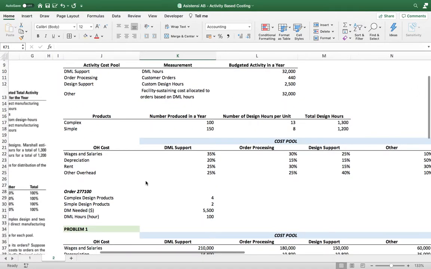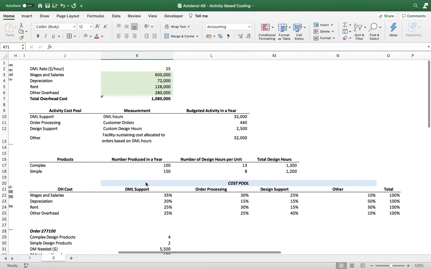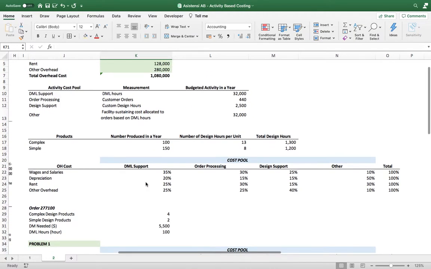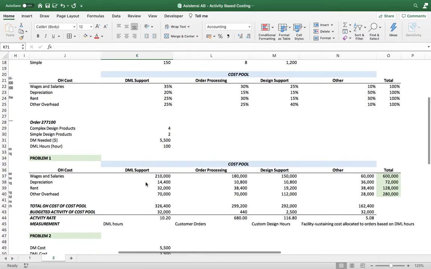So given that information, we can start from the first question, which is allocating the overhead cost to each of the cost pools. So the idea is, in this problem, it is already stated the percentage of how much of each of the overhead costs will be allocated to each of the cost pools.